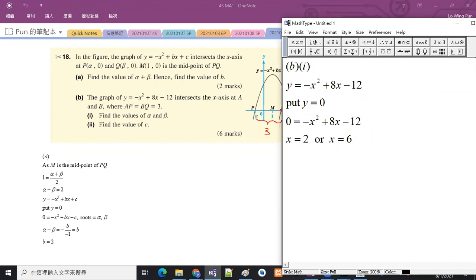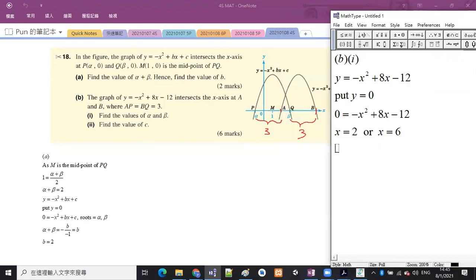So the coordinates of point A will be, so A will be getting the smaller number, 2, 0. And then the coordinates of point B, B will be getting the larger number, 6, 0.